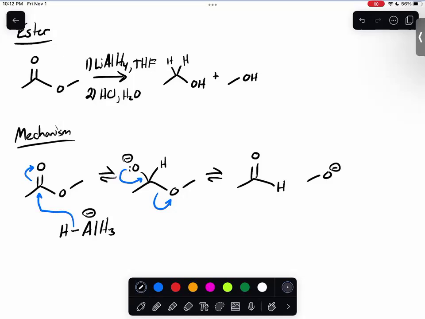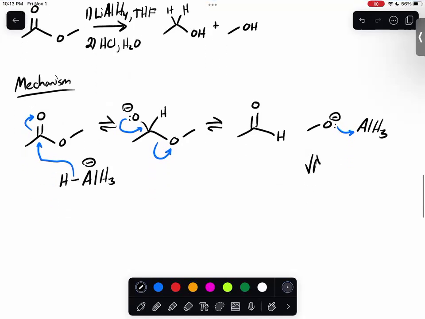So from here, we now have this methoxide that's sitting around, and keep in mind our aluminum is still in the solution. So what's going to happen is this methoxide is going to come in and it's going to make a complex and associate with the aluminum to generate a new negatively charged aluminum complex, such as this one here.